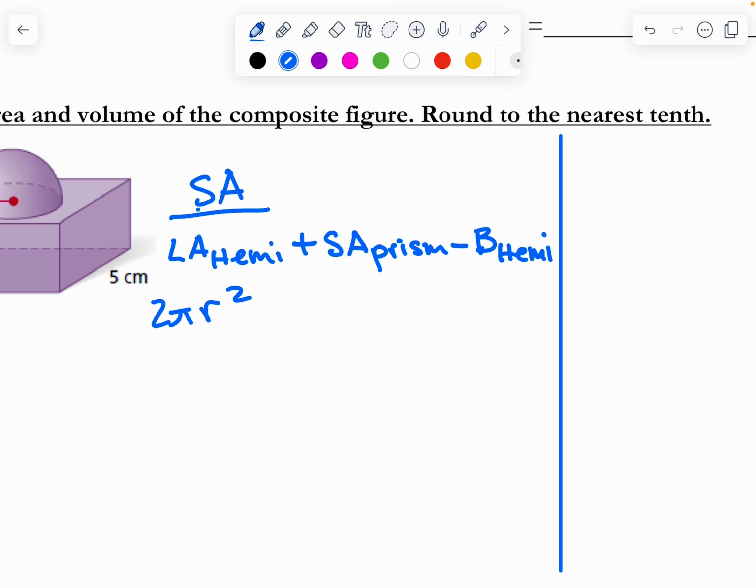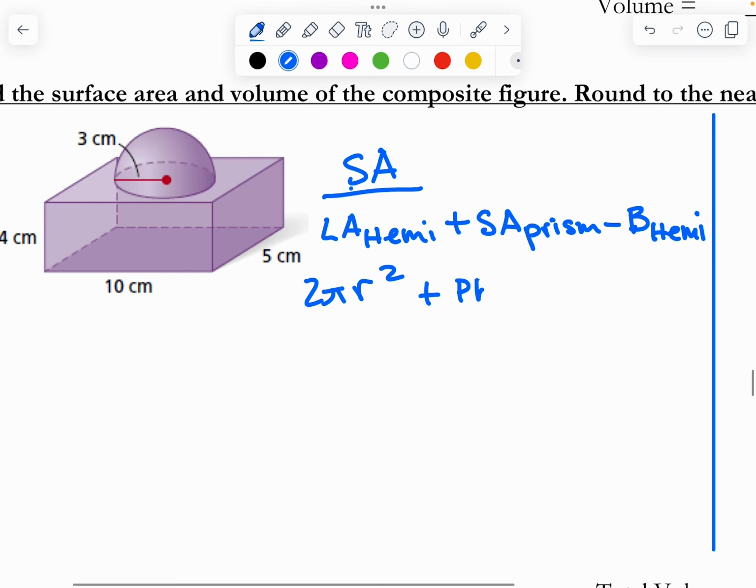Now, the surface area of the prism, well, that's going to be the lateral area, so perimeter times my height, plus 2 of the bases. And we're going to call these bases of the prism, so BP.